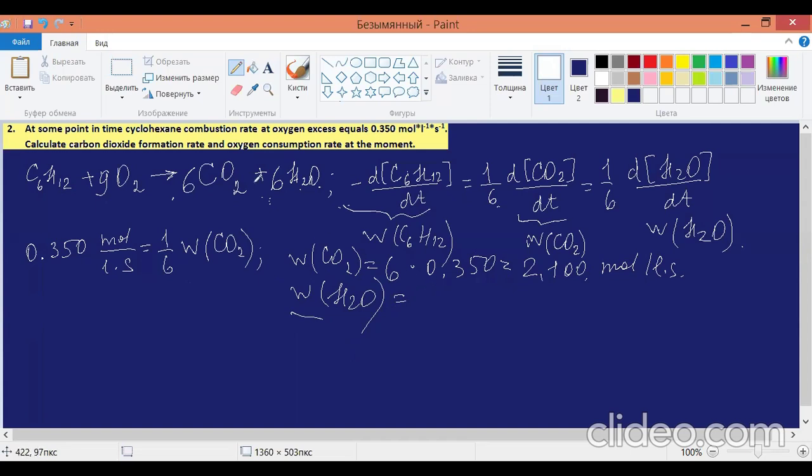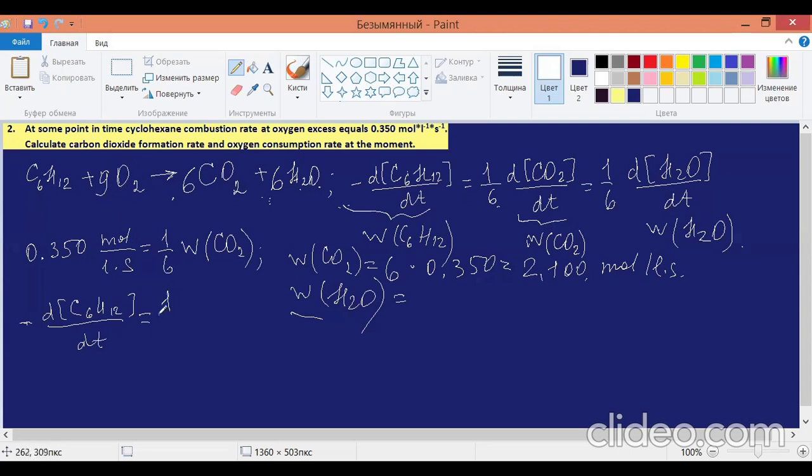I'm sorry, they ask us to determine the magnitude of the oxygen consumption. I'm sorry. It's not a problem at all. We should also take into consideration that in the equation we got the coefficient 9, which stands before O2.